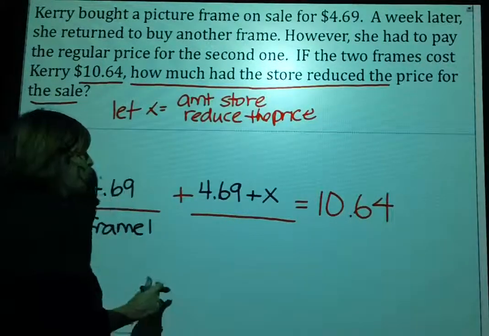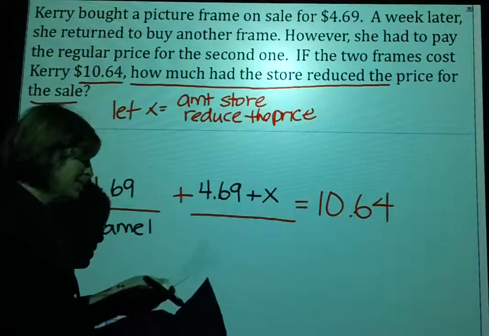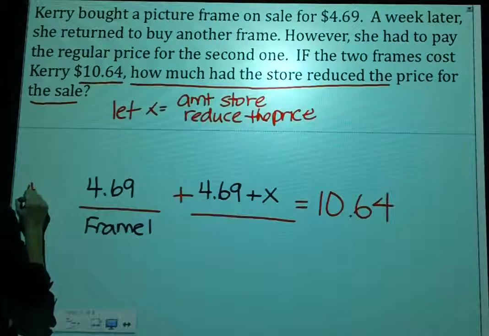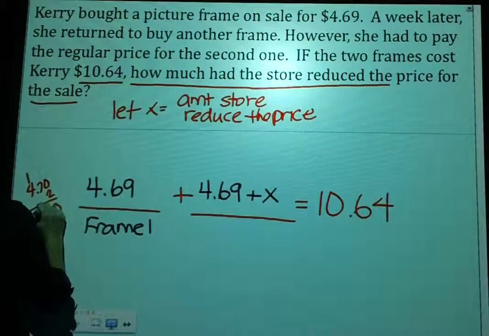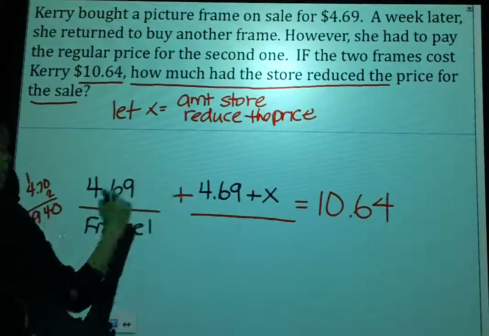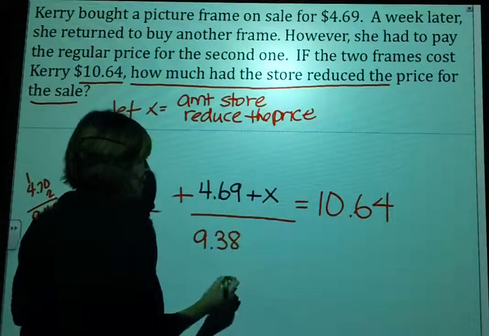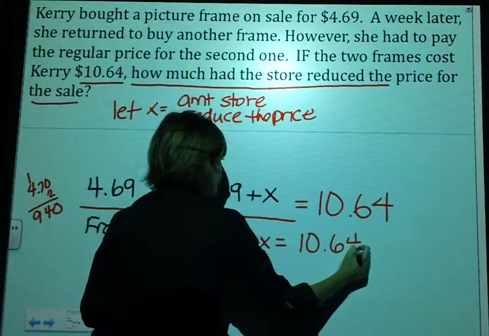Okay, I go through the process. A little bit harder only because I have to combine the like terms before I balance. All right, so $4.69 and $4.69 is $4.70 times 2, which is $9.40, and then I have to subtract 2 cents, so $9.38. So $9.38 plus X equals $10.64.